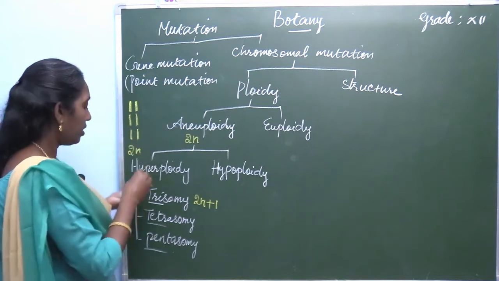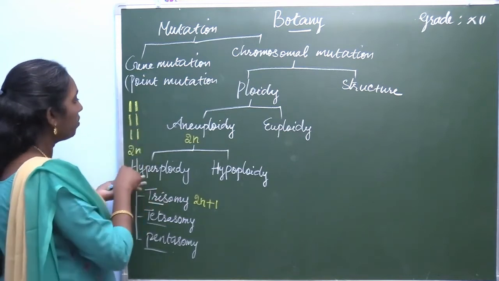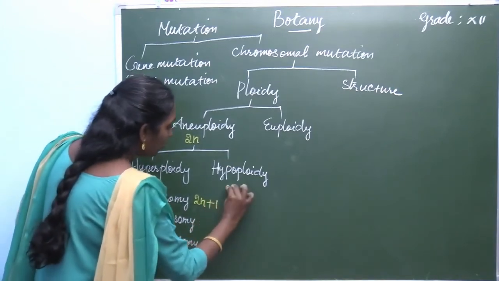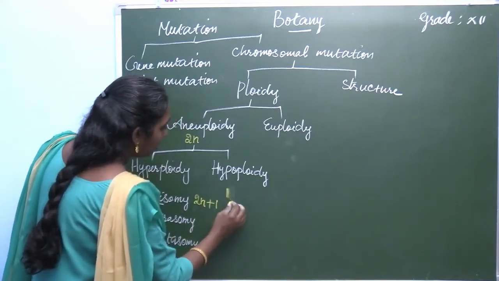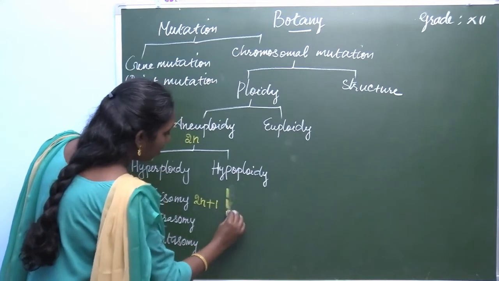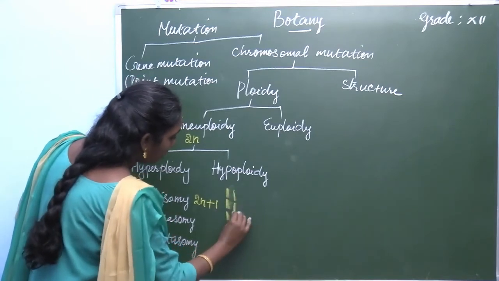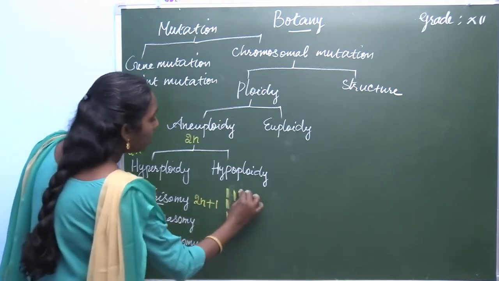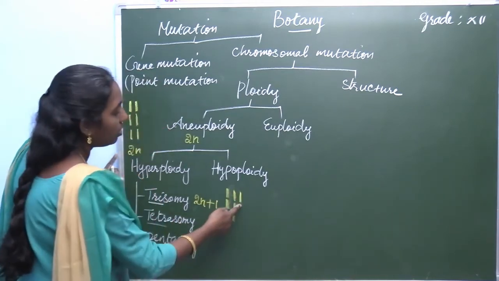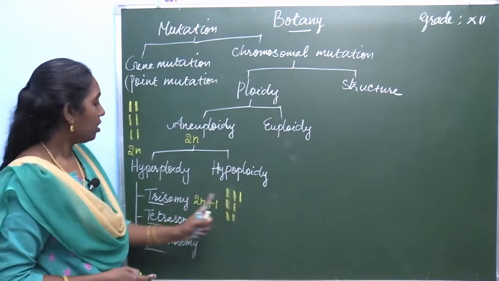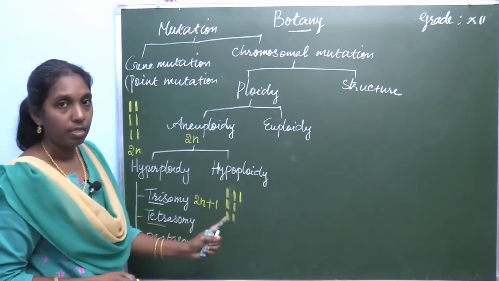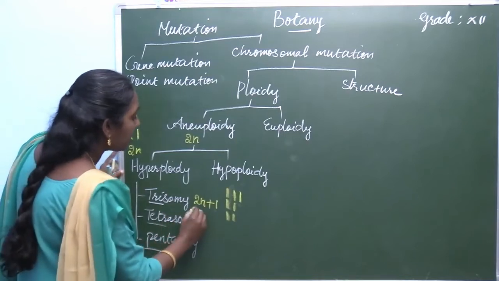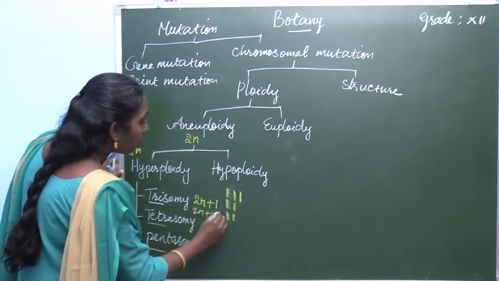So within the normal set, here in trisomy, one is added. This is the extra. So this is trisomy. Sometimes there is double trisomy. Double trisomy means 2n plus 1 plus 1.